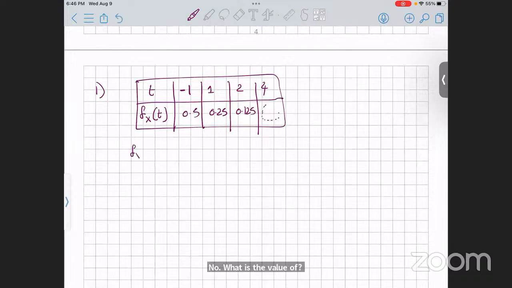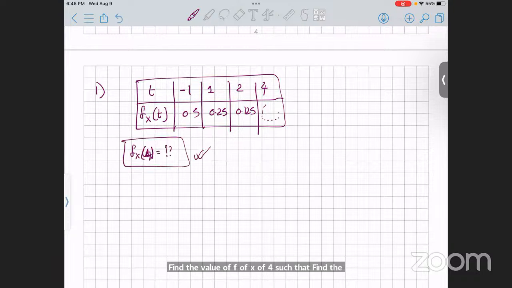Find the value of f of x of 4. Just find the value, I will explain after. The answer is 0.125.